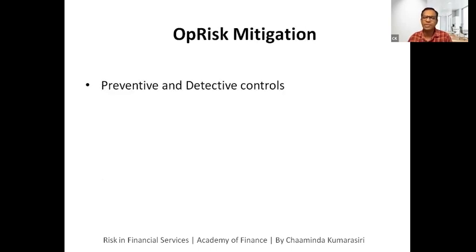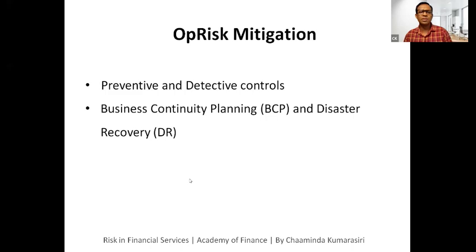Then under mitigation, that is reduce the risk. You have preventive and detective controls. I explained you earlier. There's another interesting and important area that is called the BCP, Business Continuity Planning and Disaster Recovery.